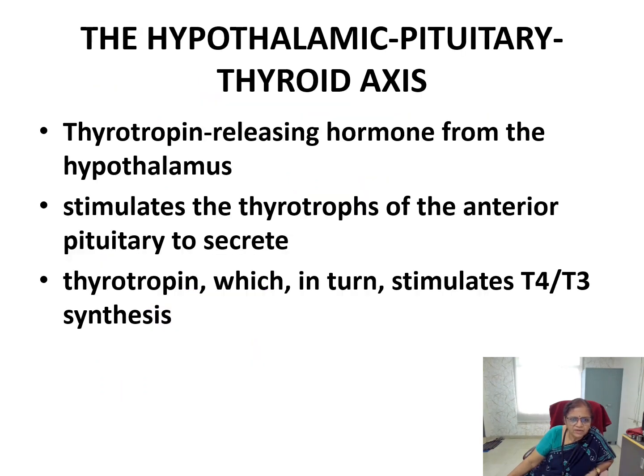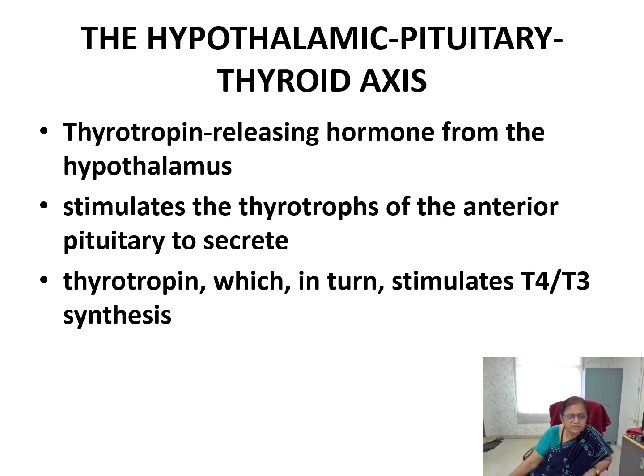How it is regulated, how much hormone should be produced, how much should be suppressed, when it should be minimized, all this is called regulation or control of thyroid hormones. This depends upon an axis called the hypothalamo-pituitary-thyroid axis. From the hypothalamus, the hormone released is thyrotropin releasing hormone, TRH.